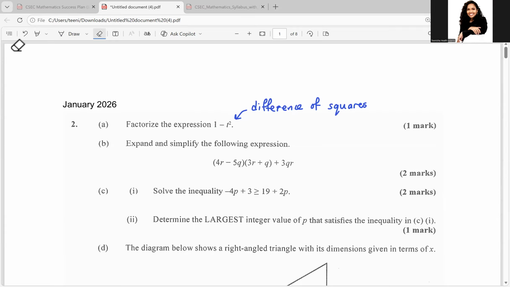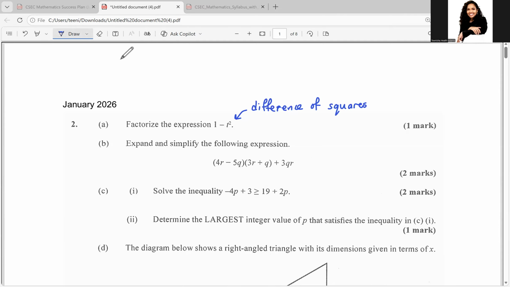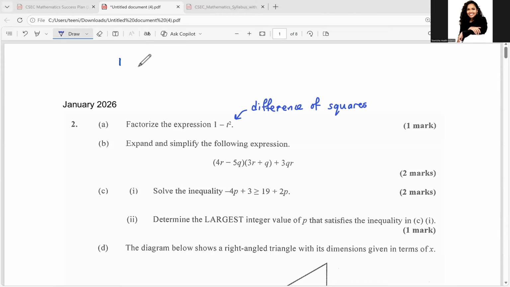A square number is a number that you get when you multiply another number by itself. Just to list some square numbers, 1 is a square number, 4 is a square number, 9, 16, 25, 36, 49, etc. Right? 1 is 1 squared, 4 is 2 squared, 9 is 3 squared, 16 is 4 squared, and so on.